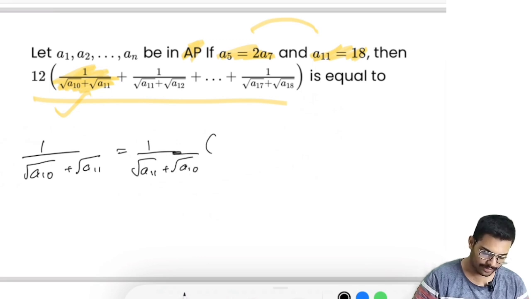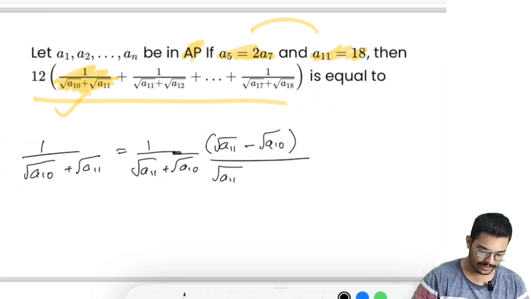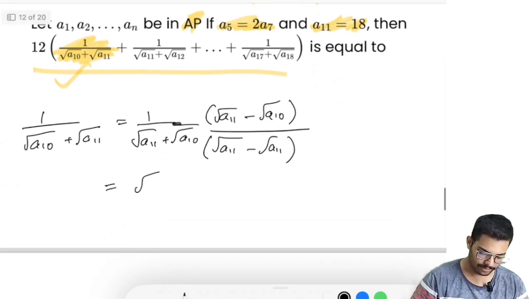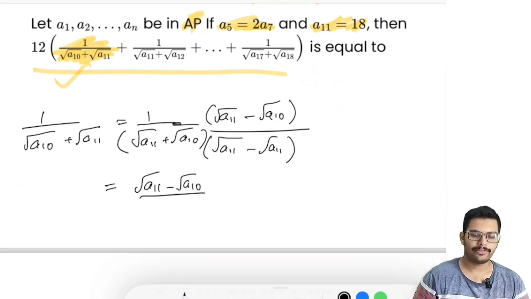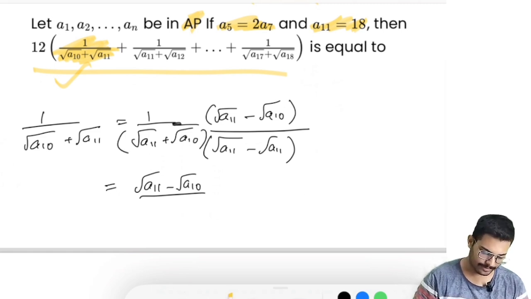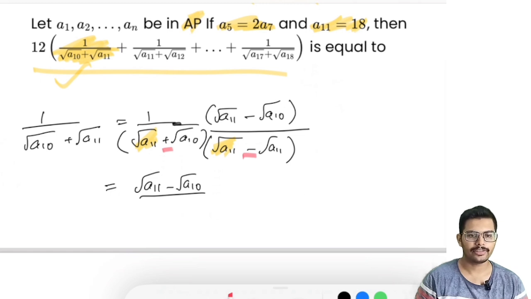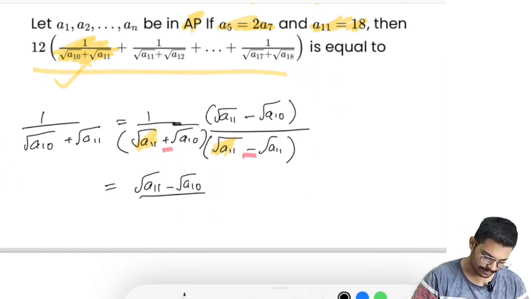If you take the conjugate, what will be the value? Root of a11 minus root of a10. Multiply the conjugate with the numerator and denominator. Now this is equal to root of a11 minus root of a10 divided by the a plus b into a minus b form, which is equal to a square minus b square.